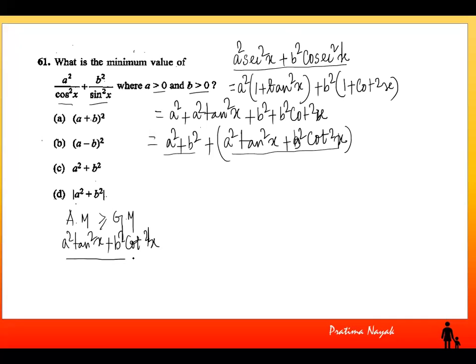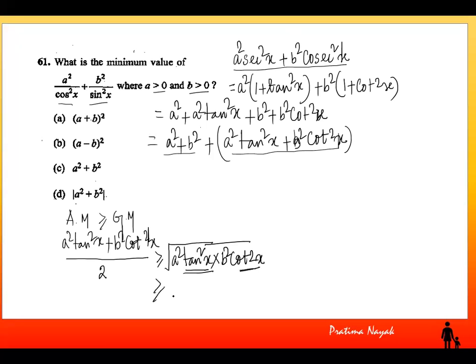Its arithmetic mean, divided by 2, should be greater than or equal to square root of a square tan square x into b square cot square x. Now tan square x multiplied by cot square x gives you 1.